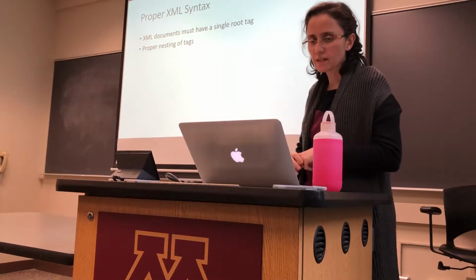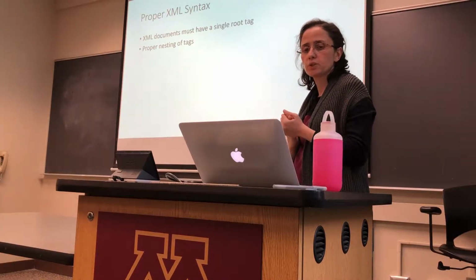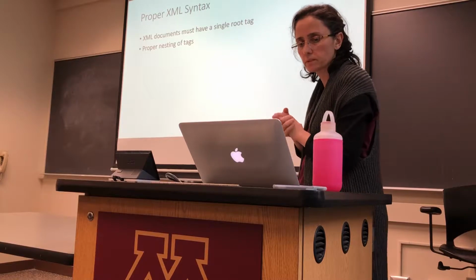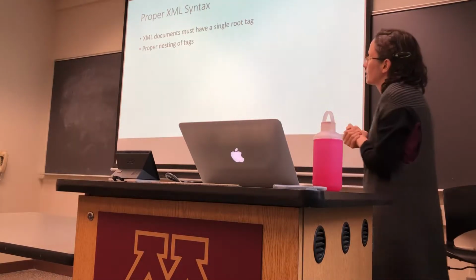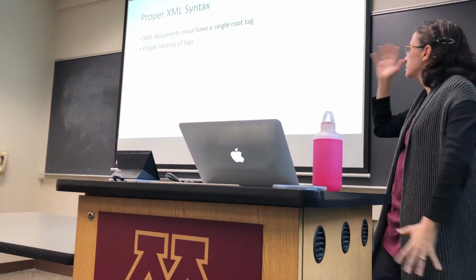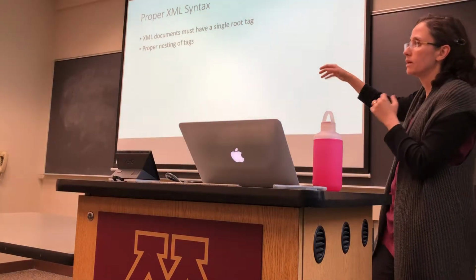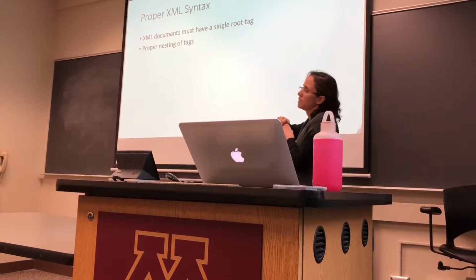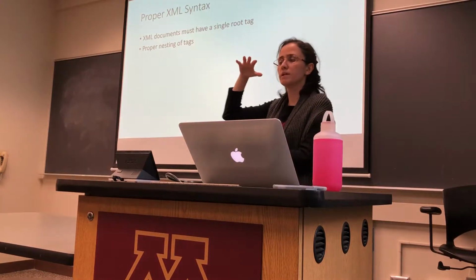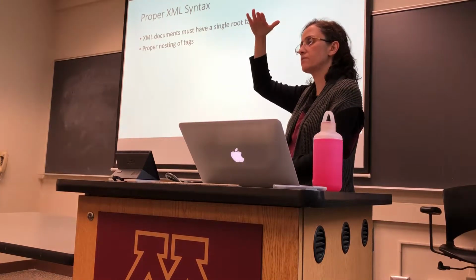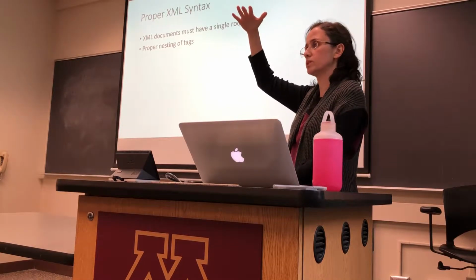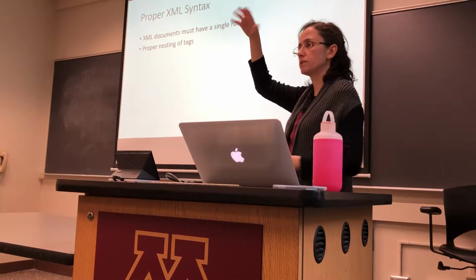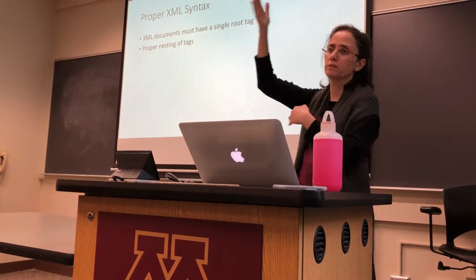Okay, these are things to have in mind when you do your XML. It's, as you know, the proper XML syntax, and there aren't so many things to say. But something that you need to keep track of is that in your XML document, everything has to be within one big root. You cannot have multiple elements going beneath each other.